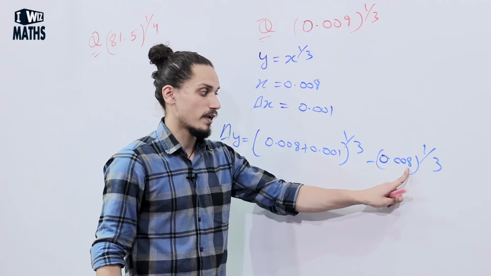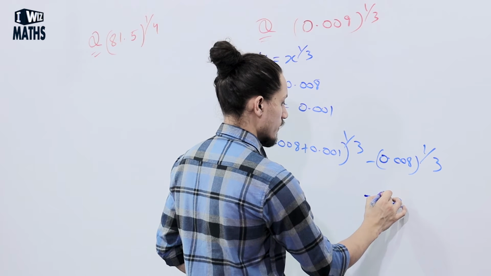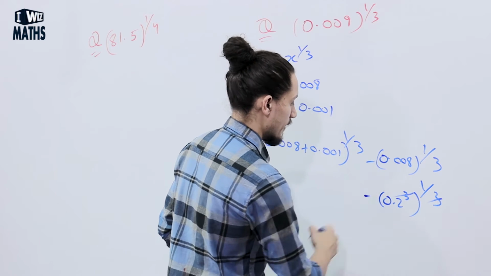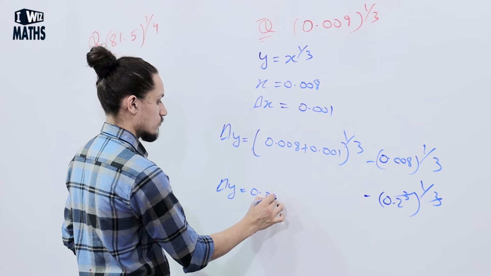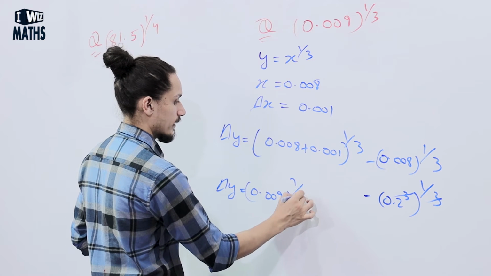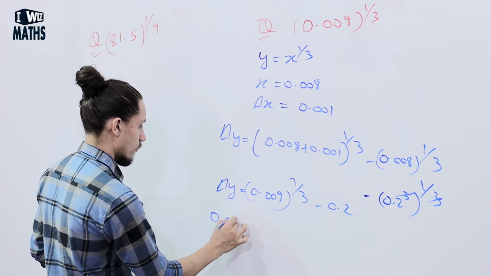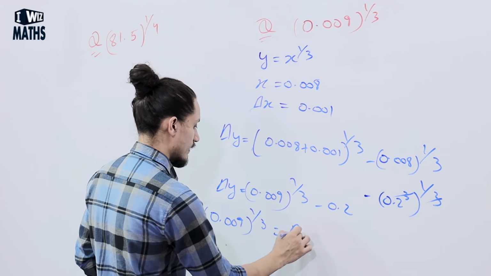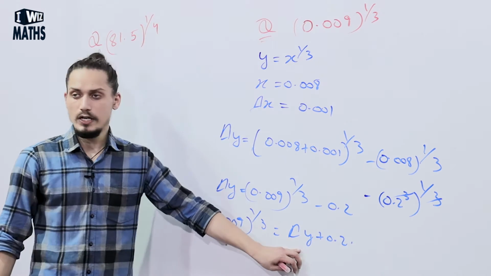Now 0.008 raised to power 1 by 3 can be written as 0.2 raised to power 3 raised to power 1 by 3. 3 and 3 cancel. So we have delta y is equal to 0.009 raised to power 1 by 3 minus 0.2. So 0.009 raised to power 1 by 3 can be written as delta y plus 0.2. Now we have to find the value of delta y.